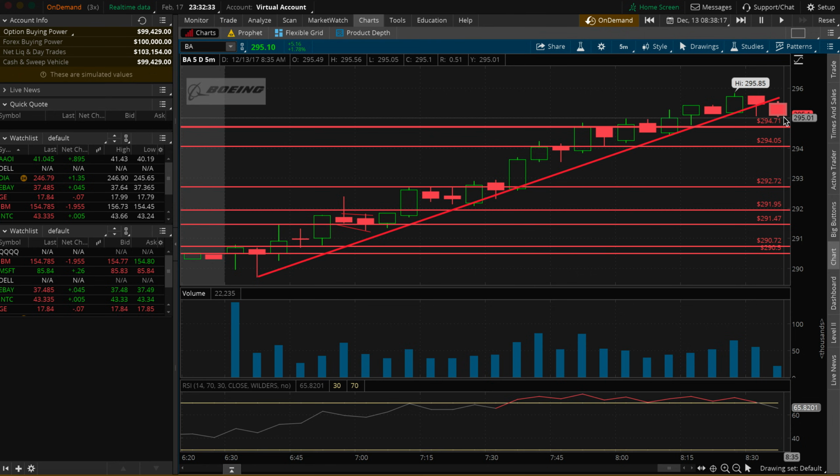And if this closes and then starts to head down, we're just going to take our position off, because it already broke the trend line. And if this closes below our trend line, that's it. Our trend is broken, and we get out of any position that we're in. And we wait for the next setup.